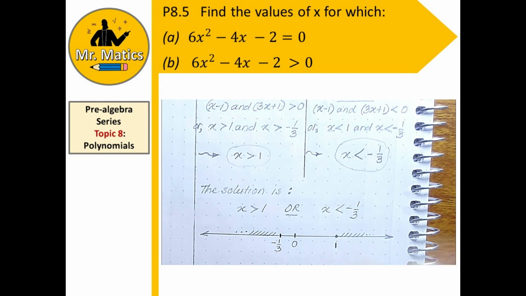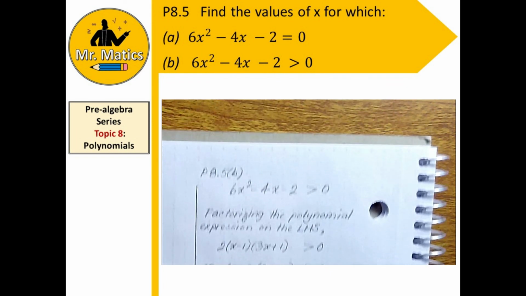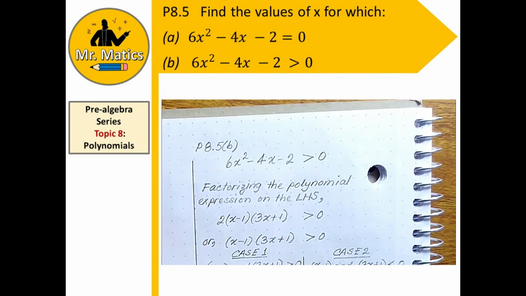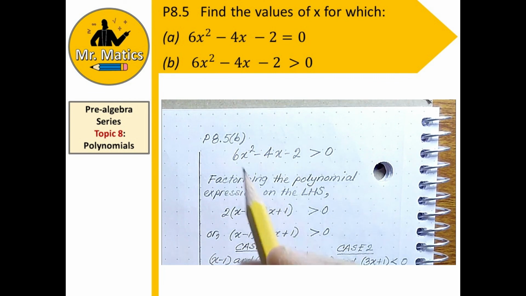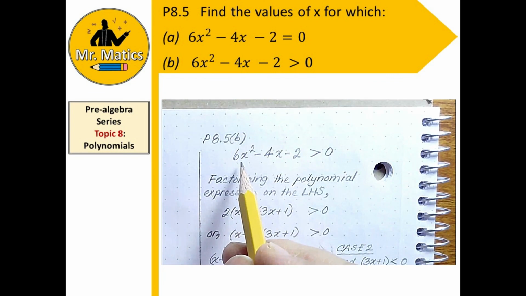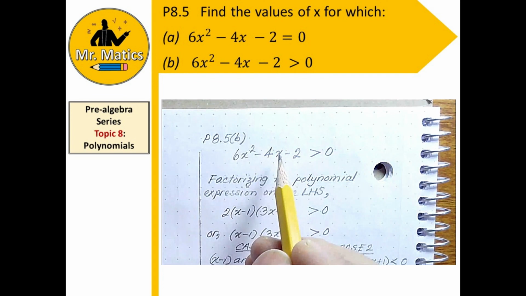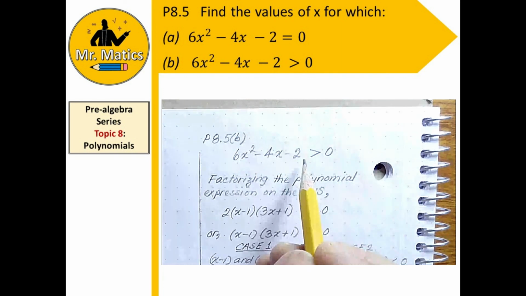So let's try 0 now. 0 is not a solution, so it should not make it positive. So 6 times 0 is 0, minus 4 times 0 is 0, and then we get finally minus 2 only. So we know that minus 2 is of course not greater than 0. In fact, it's less than 0.